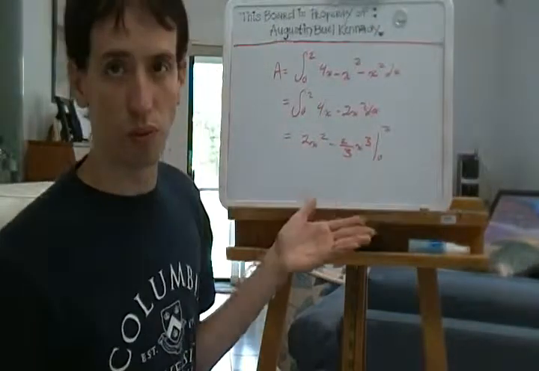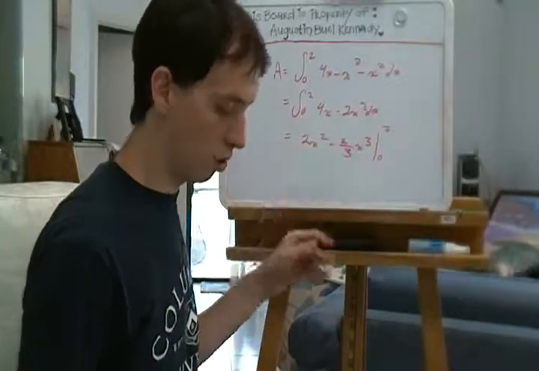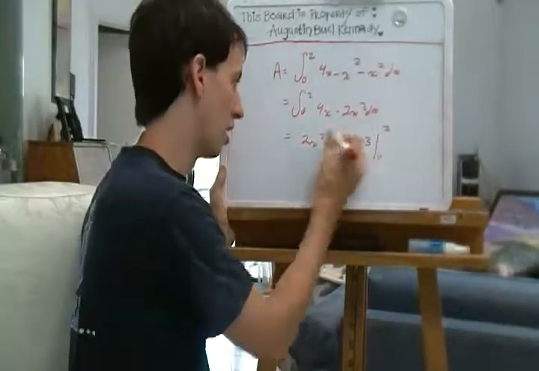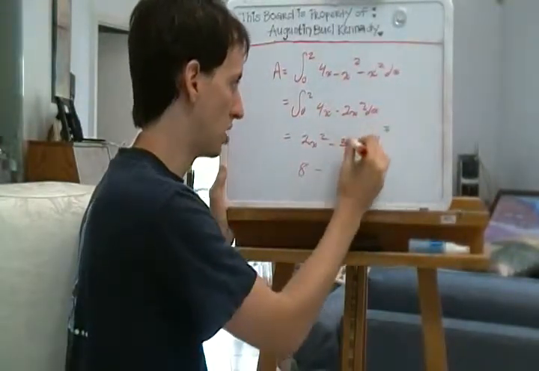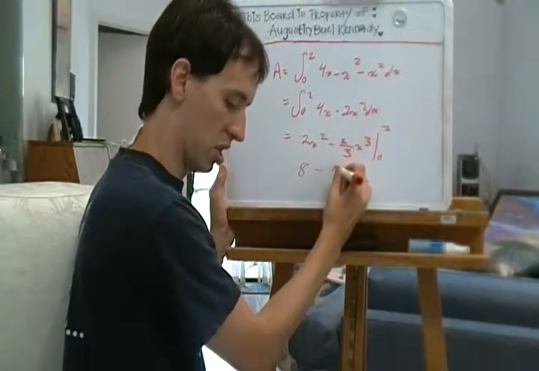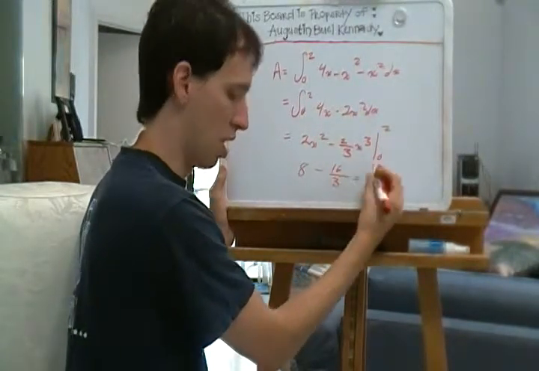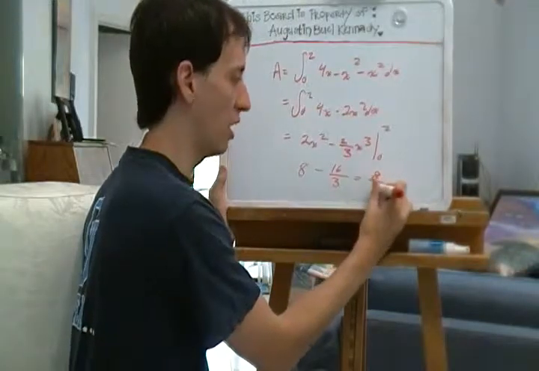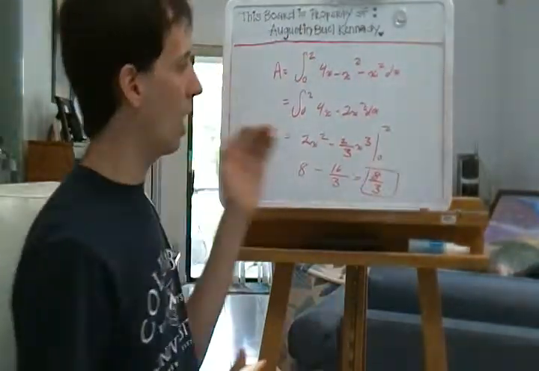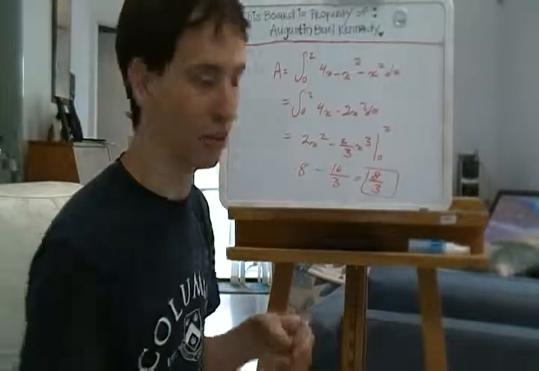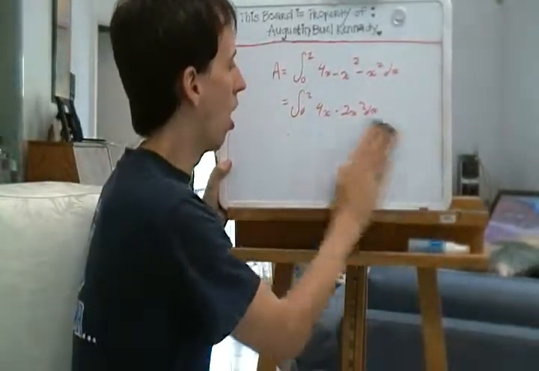Obviously at 0 it won't equal anything because it'll just be 0. And at 2 you'll get 8 minus 16/3, yielding a final answer of 8/3. And that's the area, 8/3. All right.